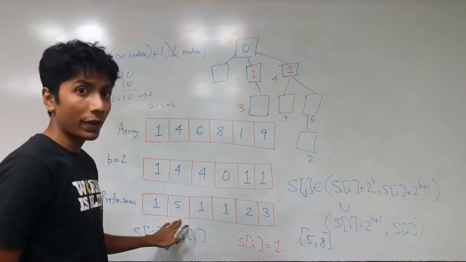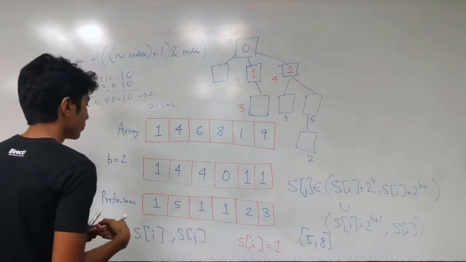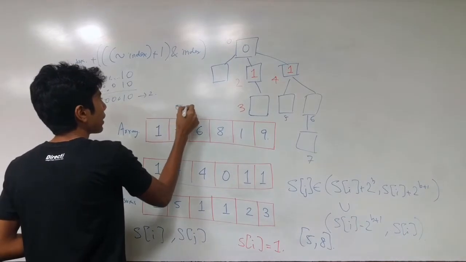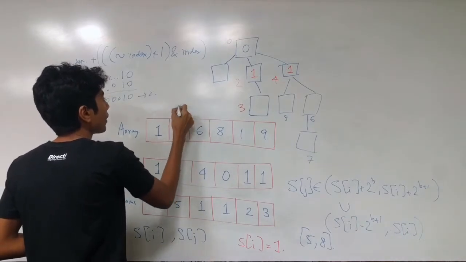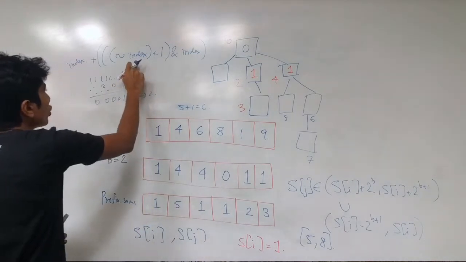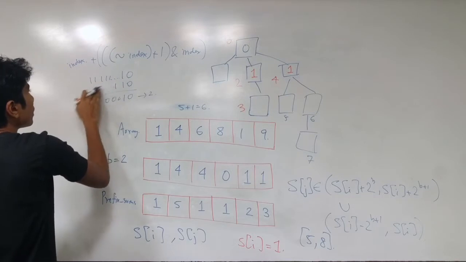the next node? 5. 5, like we said, because of the BIT stuff, 5 has an index of 6. 5 plus 1, sorry, 5 plus 1 becomes 6. 6 is the index that we're looking at. Not of 6 is going to give you 1, 1, 0.